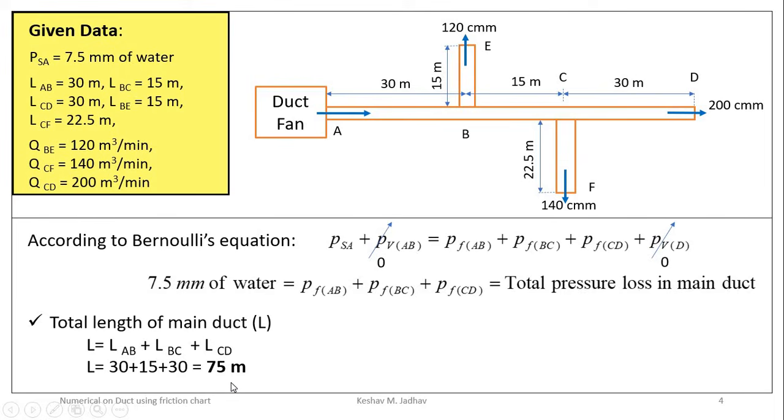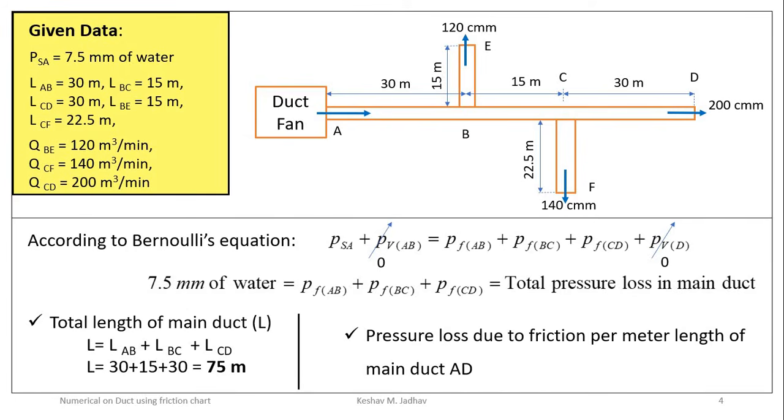This is the length of the main duct, and total pressure loss is equal to 7.5 mm of water. So, we can calculate pressure loss per unit length in main duct AD, which is total pressure loss in the main duct divided by total length of duct. So 7.5 divided by 75, we will get 0.1 mm of water column.